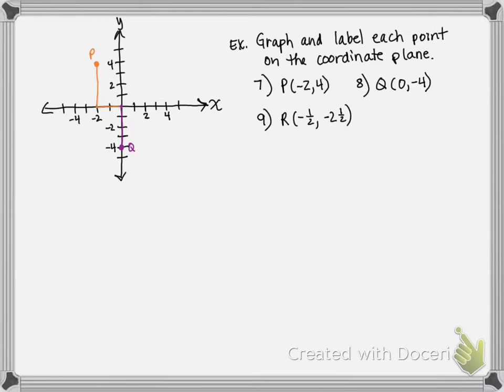We'll start at the origin, and we want to go to -1/2. So that's going to be halfway between 0 and -1. And then it says to go to -2/2. So that's going to be halfway between -2 and -3. And then I get to make my point. And then I'm going to label it R.